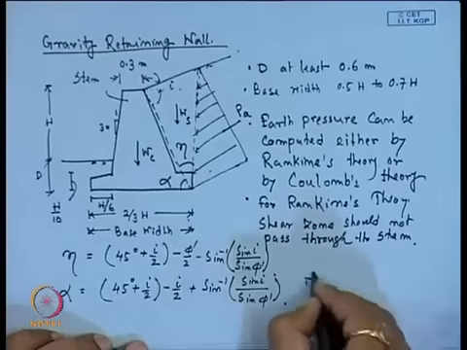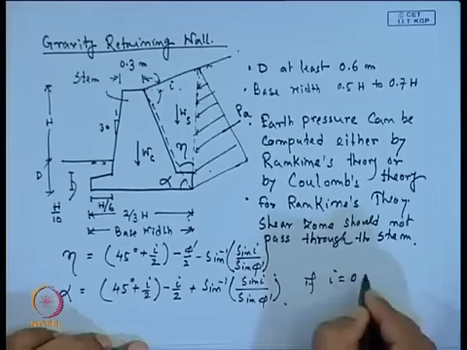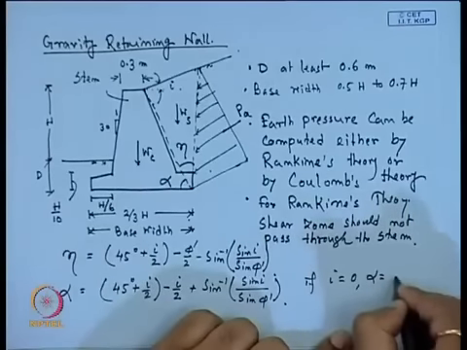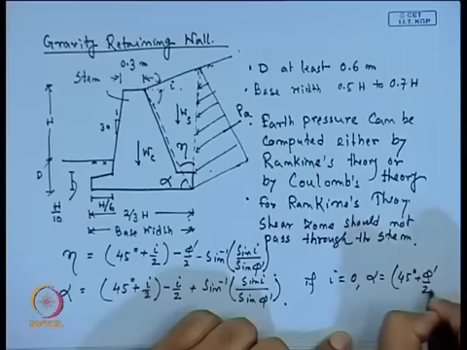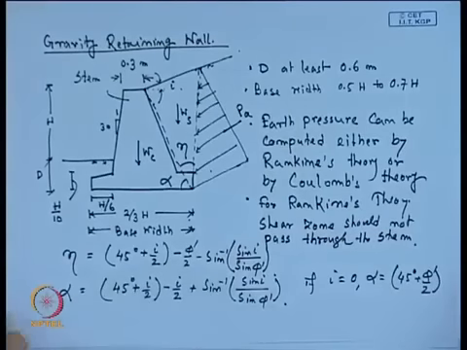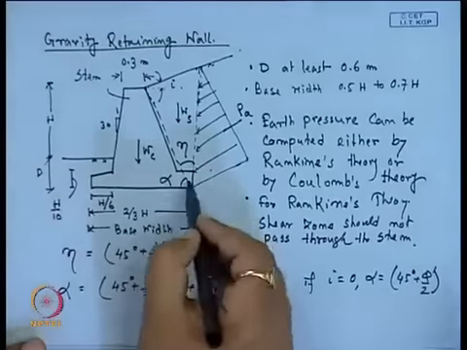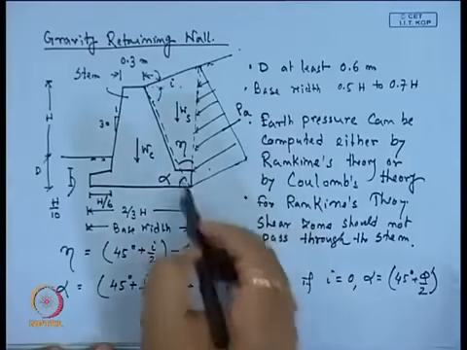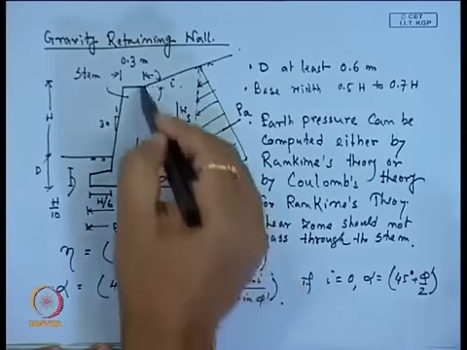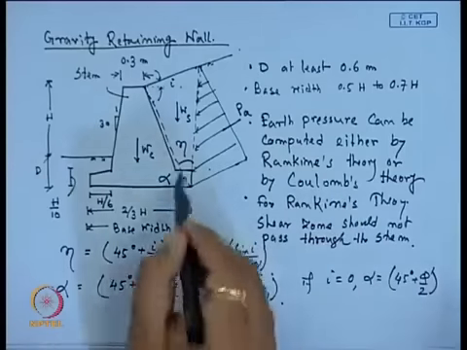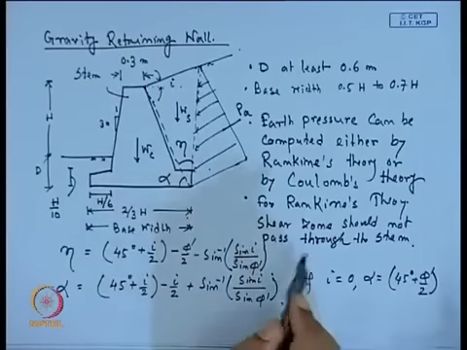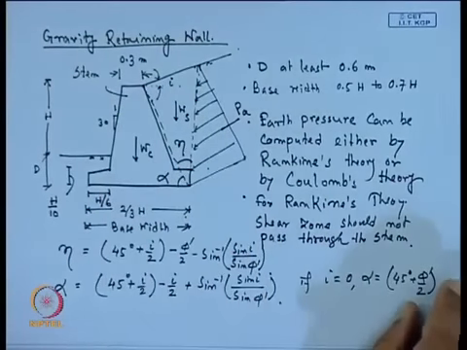Now, if I is equal to 0, then alpha is equal to 45 degree plus phi dash by 2. So, if I consider the Rankine theory, first you have to check whether this line is passing through this stem or not. For the shear zone, this line should not pass through the stem. So, these are the extreme points.